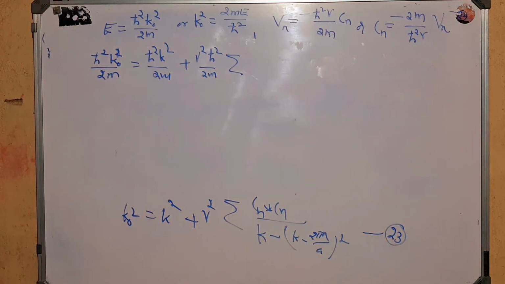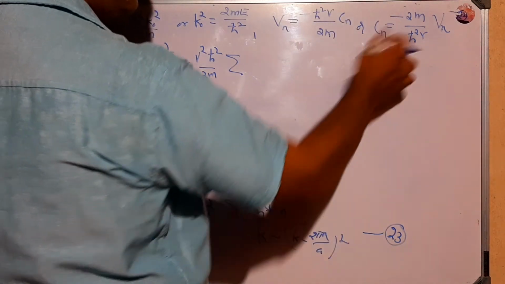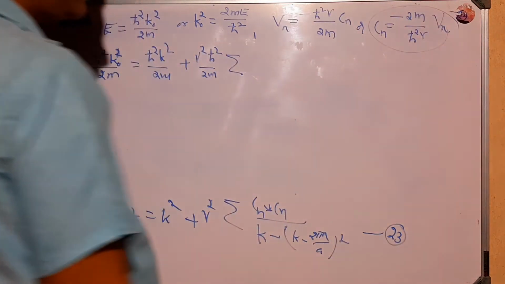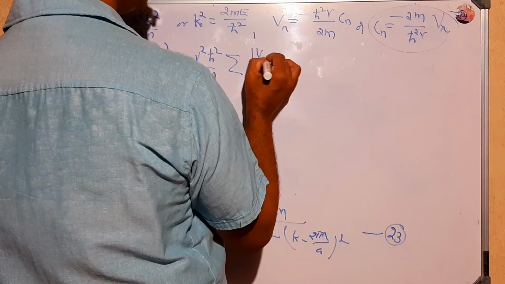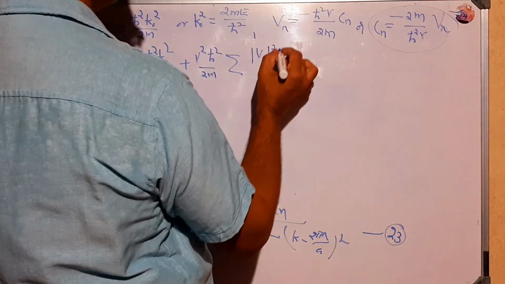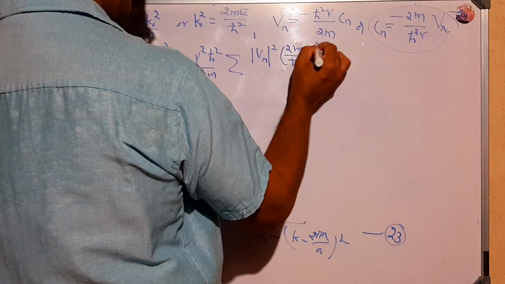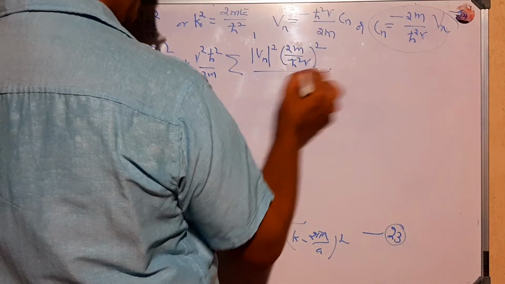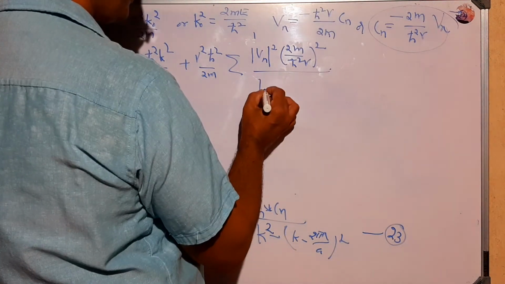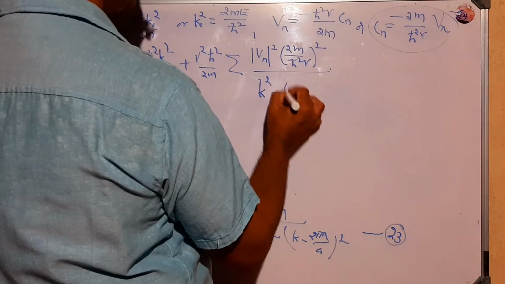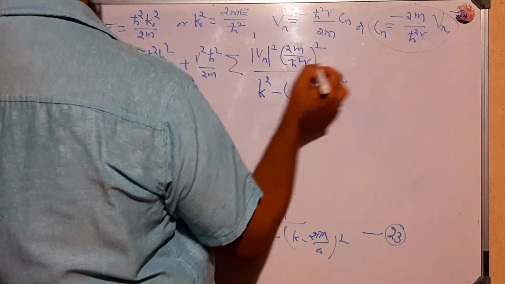So now what you have to do? You have to substitute for Cn star and Cn. Therefore use the same expression. Take the modulus of that. So therefore you are getting modulus Vn square into 2m by h cut square gamma whole square divided by, sorry, here it is K square minus K minus 2 pi n by a whole square.